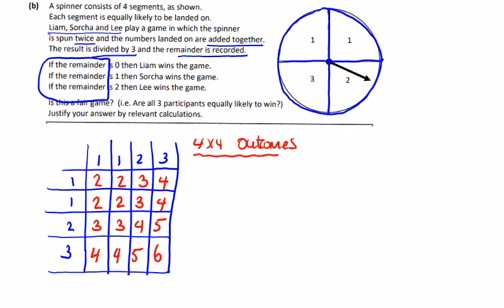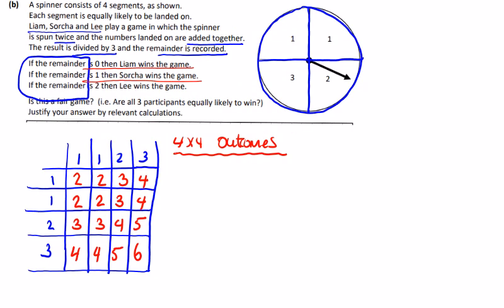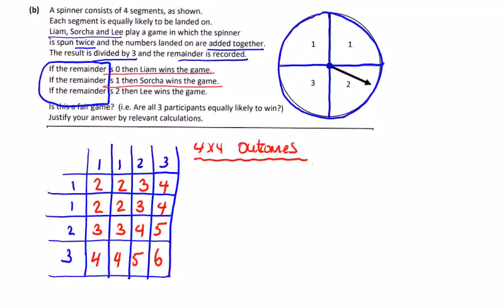Now, do we need to do the probability? If the remainder is 0, then Liam wins the game. If the remainder is 1, then Sorka wins the game. And if the remainder is 2, Lee wins. So we just need to look at the remainders. So why don't we do up a two-way table with remainders as well?